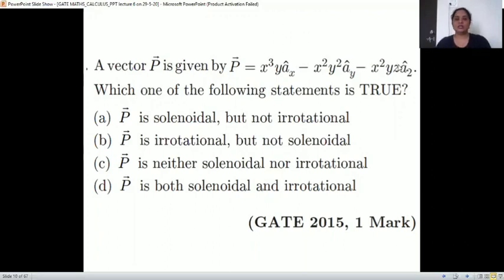What is the answer? Is it 0? And to check irrotational, you have to check del cross p bar. That is ijk, dou by dou x, dou by dou y, dou by dou z. Then this, and this. And you have to find the determinant. Should I go to the answer?